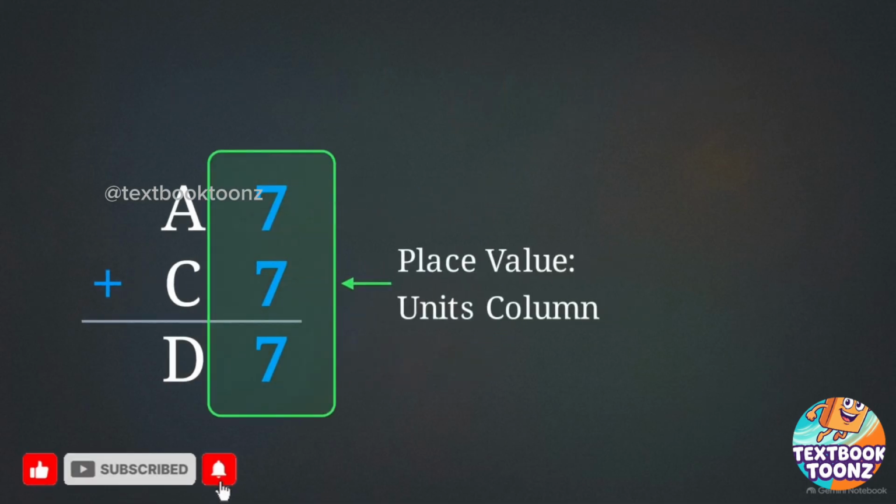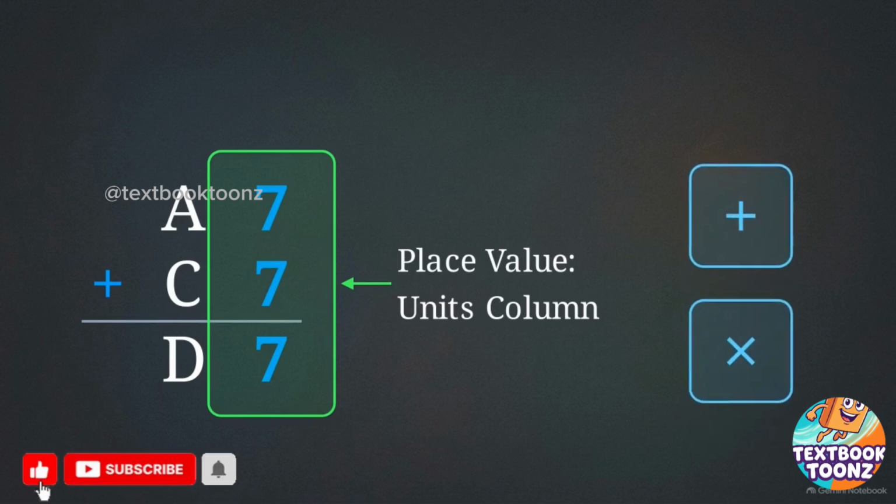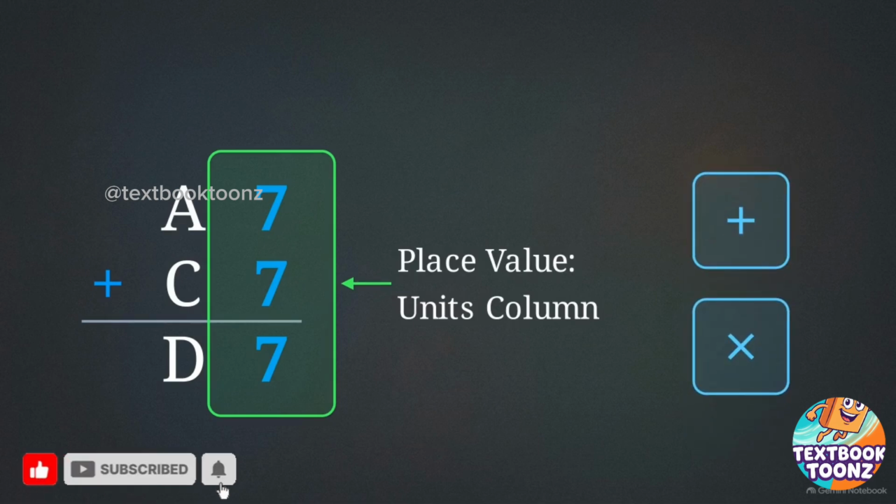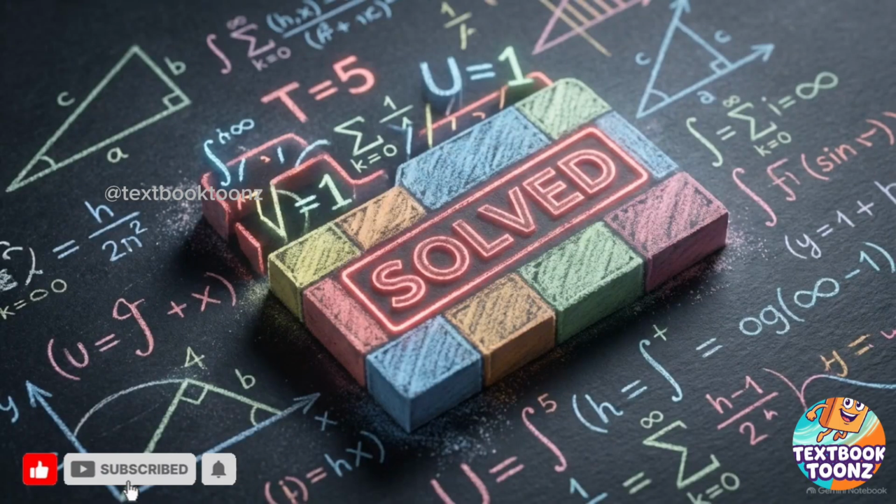Finding these values requires us to isolate specific place values and apply the standard laws of addition and multiplication. By identifying the logical boundaries created by these rules, we can deduce the value of every hidden digit.